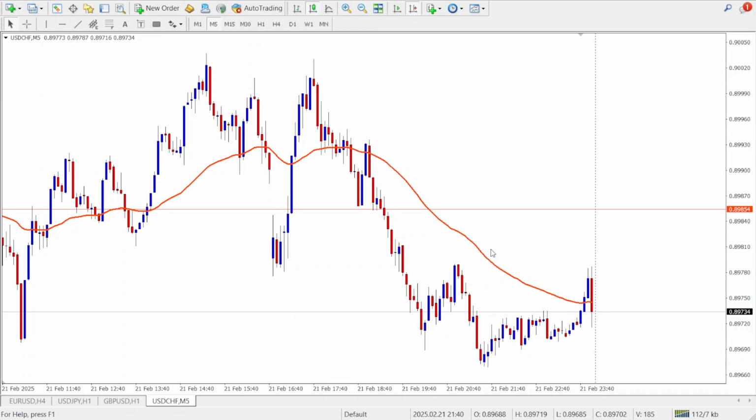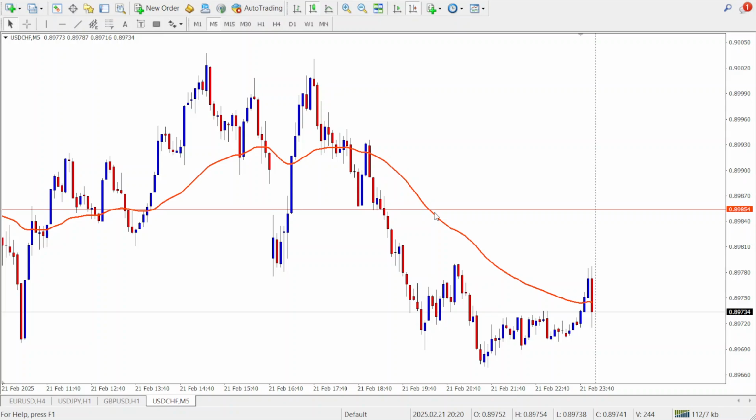There are several types of moving averages, but the most popular ones are the simple moving average and the exponential moving average. Both are used to confirm trends, but they are calculated differently. The key difference lies in how they weight the data.